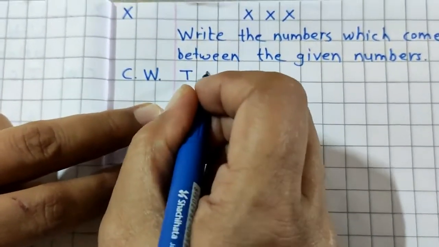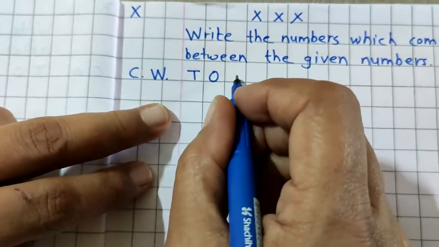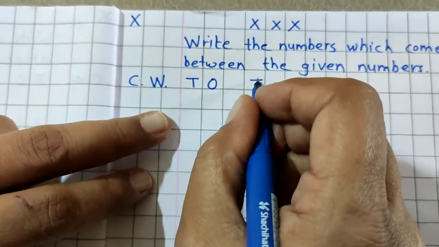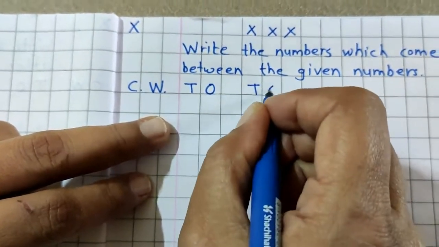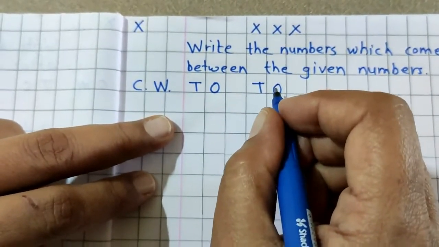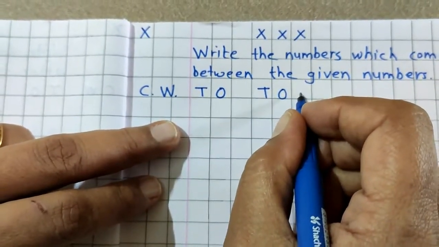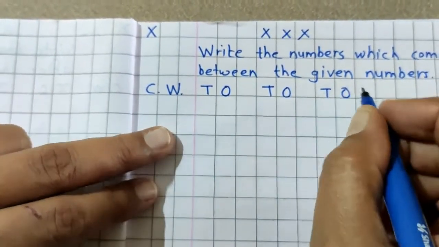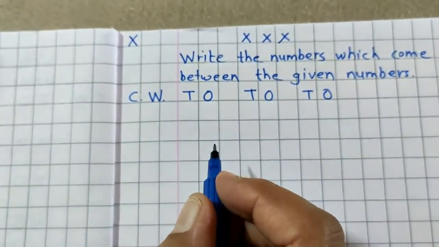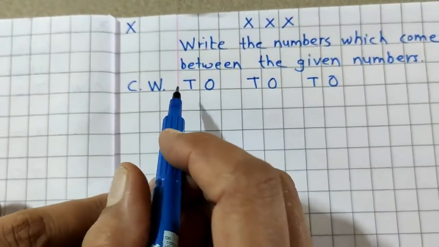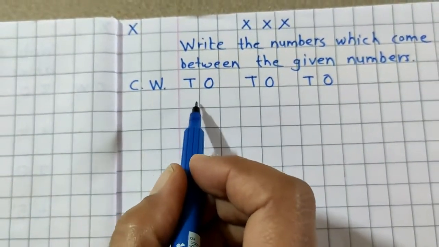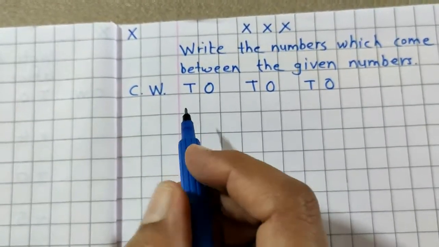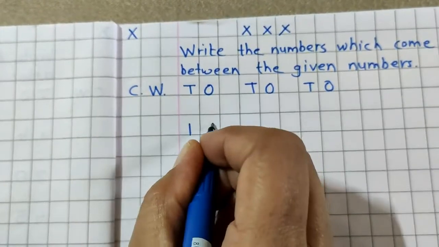Write TO, leave a gap of 1 box, write TO the second time, leave a gap of 1 box and write TO the third time. You have to leave 1 box gap below the first TO and write number 15.